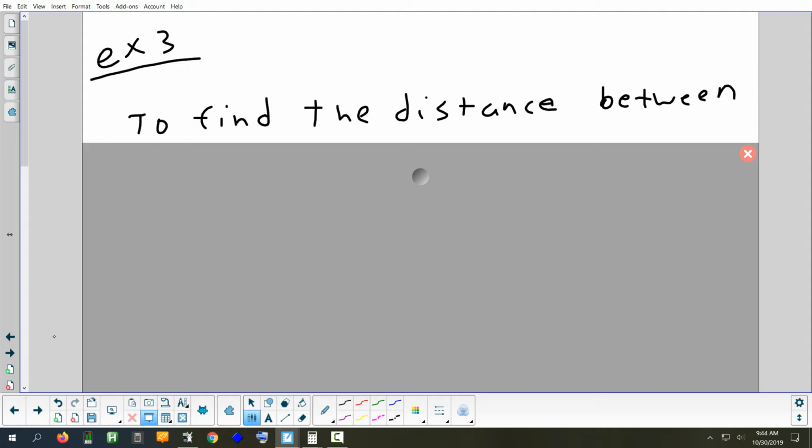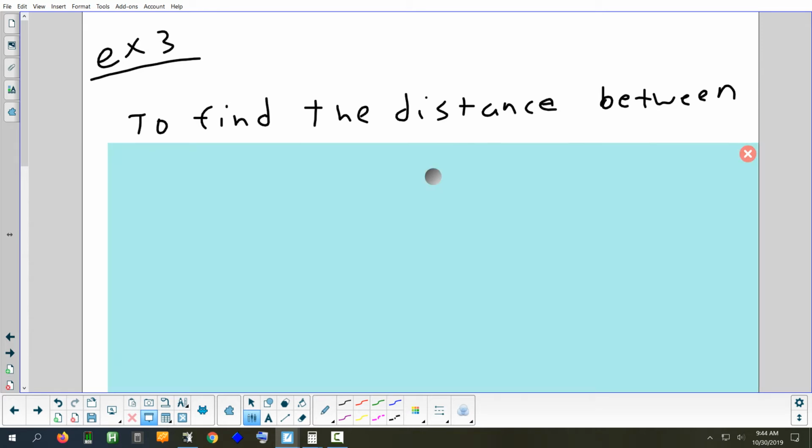You've got like a canyon in front of you. There's this huge canyon. And on one side of the canyon, you see an object, and on the other side. So maybe you're trying to measure the width of the canyon. Maybe it's like thousands and thousands of feet wide, so you can't just take a tape measure and measure it. So you want to figure out how far apart these two things are.